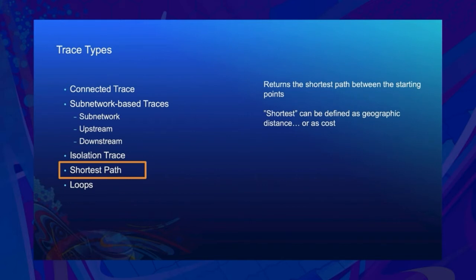The shortest path trace returns the shortest path between two starting points. Shortest can be defined in a bunch of different ways. You can define it as literally the shortest distance, with a yardstick measuring out your distance, or it could be a cost. And what I mean by cost is that, say you're routing underground cables between two locations.